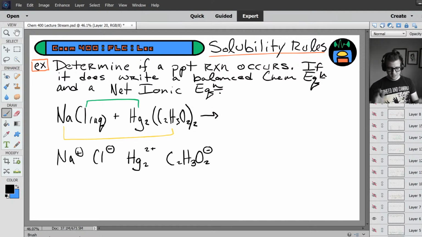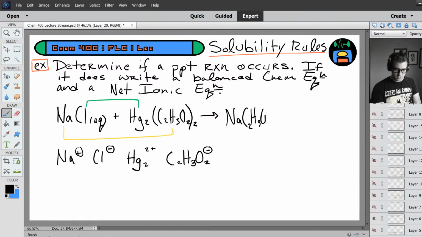So since sodium's +1 and acetate's -1, those combine in a 1-to-1 ratio. C2H3O2, some phase, plus Mercury 1 has a total charge of +2, so it will pair with 2 chloride anions, and it will be in some phase as well.